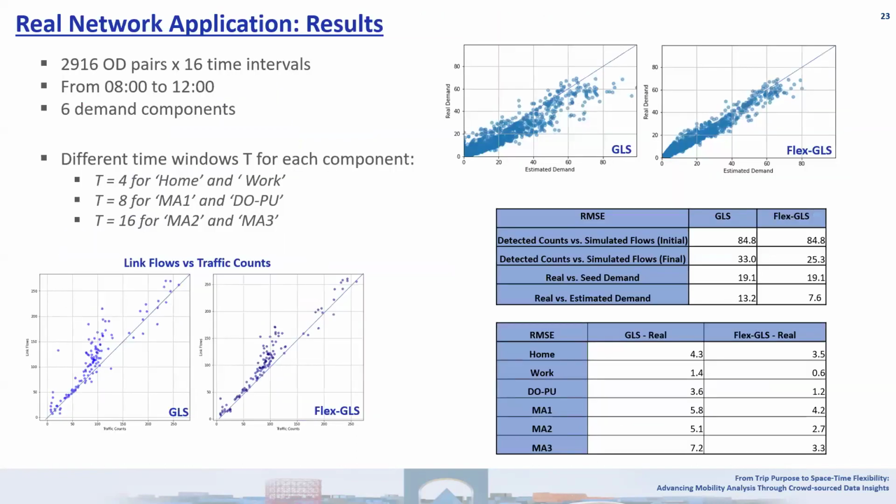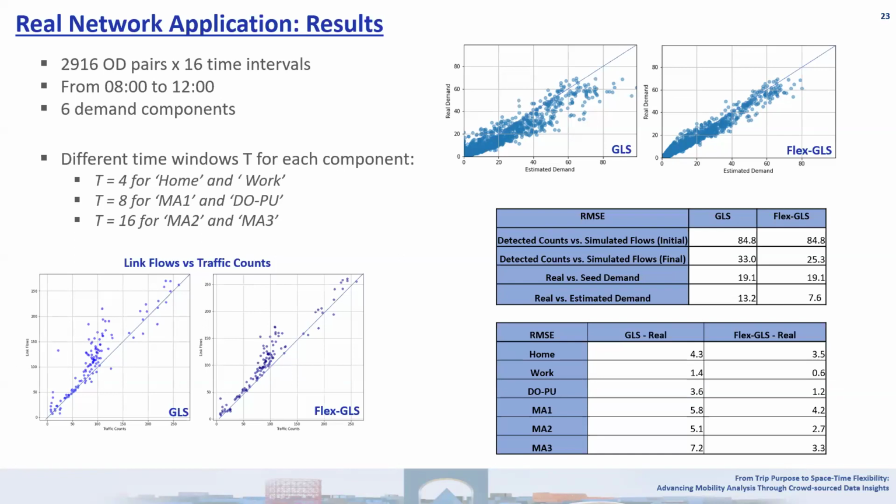And we put this into our model, and we did a lot of tests comparing the traditional GLS model to this new Flex GLS model, which is a boosted GLS that extends the original model to different travel demand components and is constrained by the information that we gained through crowd-sourced data in terms of spatial temporal flexibility.